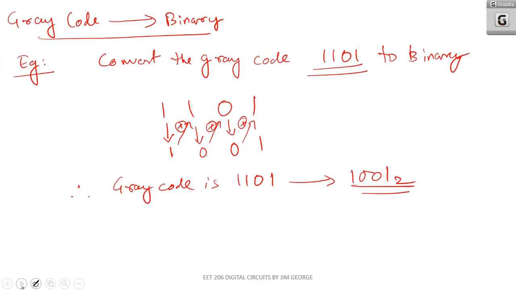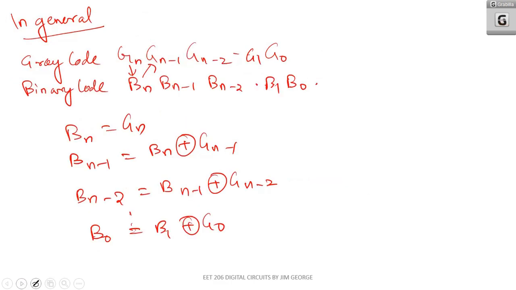So this is how you convert a gray code to binary. This is a generalized form of conversion of gray code to binary code. Now coming to a broader picture of this gray code.